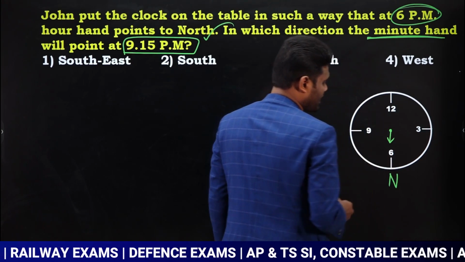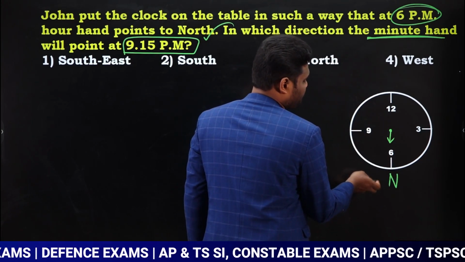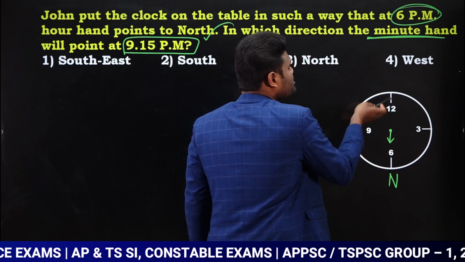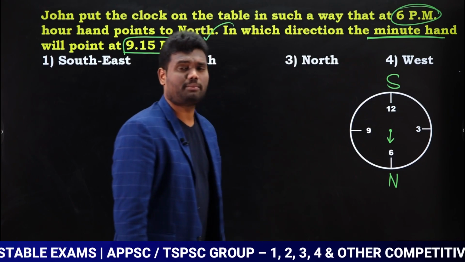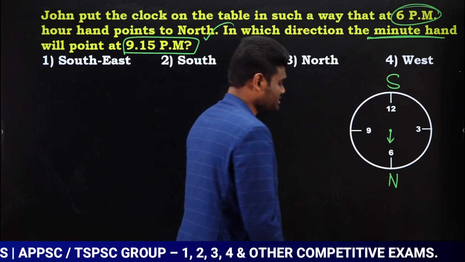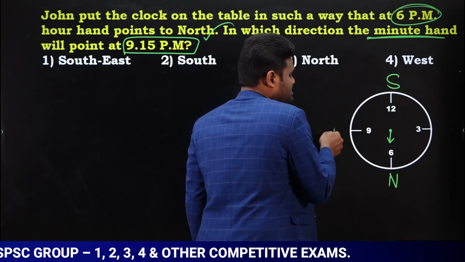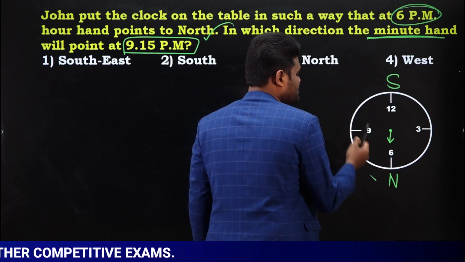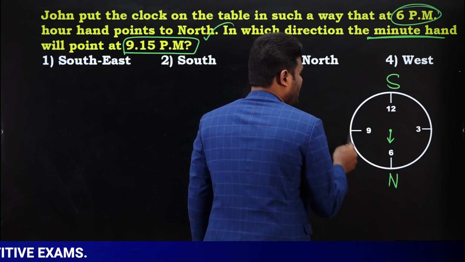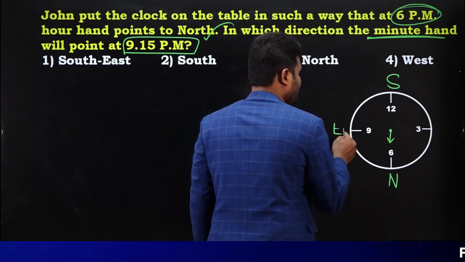Now observe carefully. If this is north, opposite to north is nothing but south. Next, north 90 degrees clockwise is going to be east.